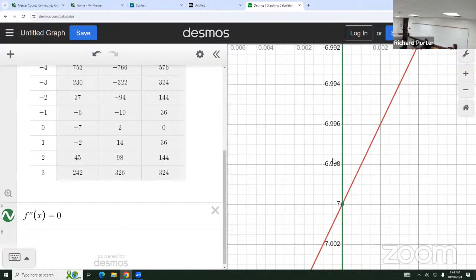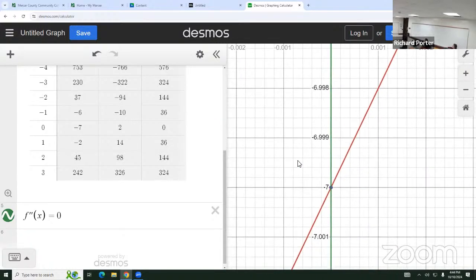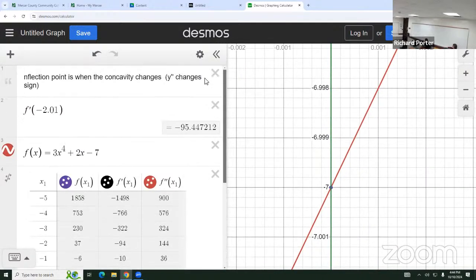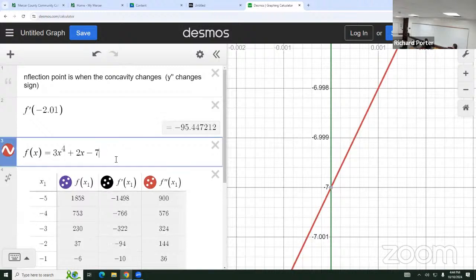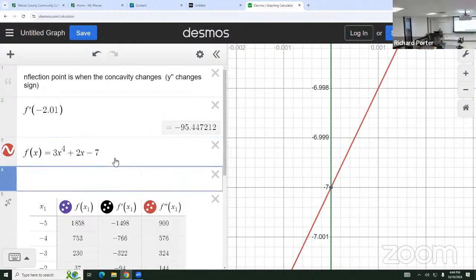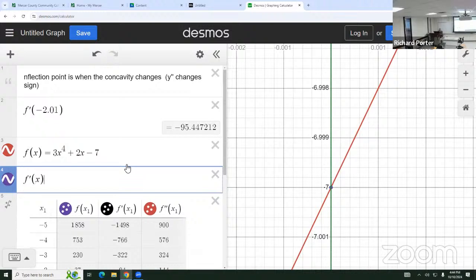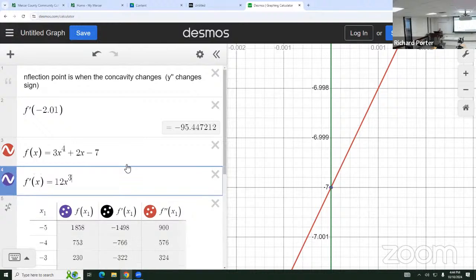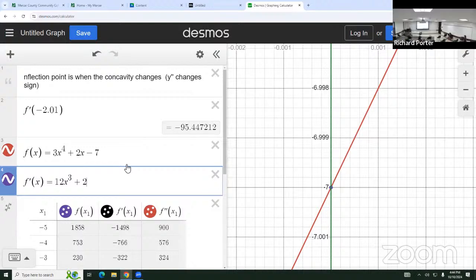Sometimes you can't see them. Let's see if there's more than 2. So this is what I'm going to do. I'm going to take this function. Can we find the derivative of it? So now I have to do algebra. I said you wouldn't have to do algebra, but I like 12x raised to the third plus 2. Okay? I don't want that. I want the second derivative.